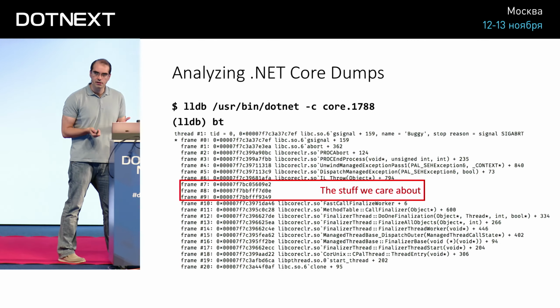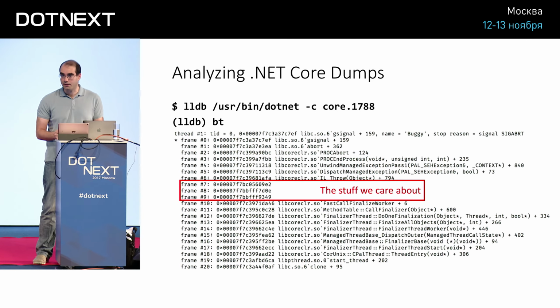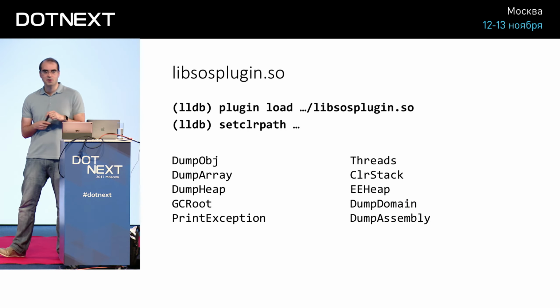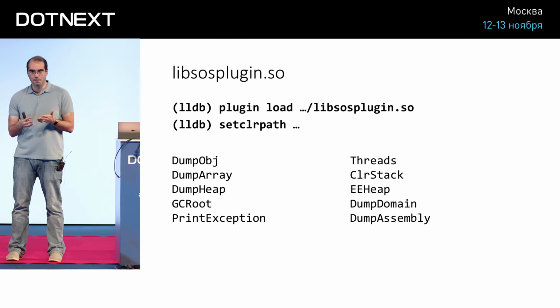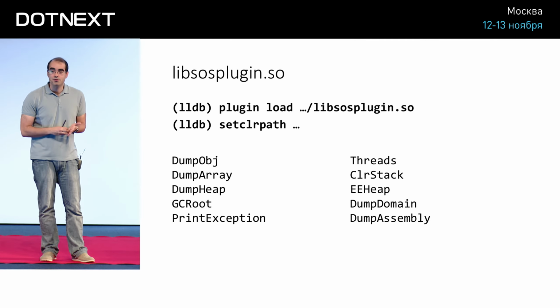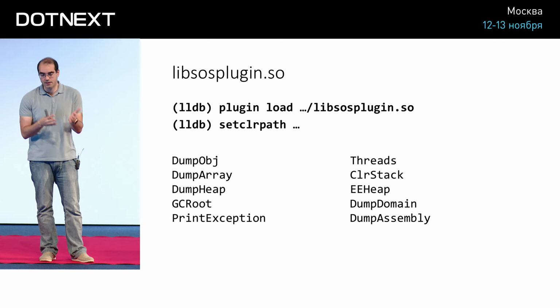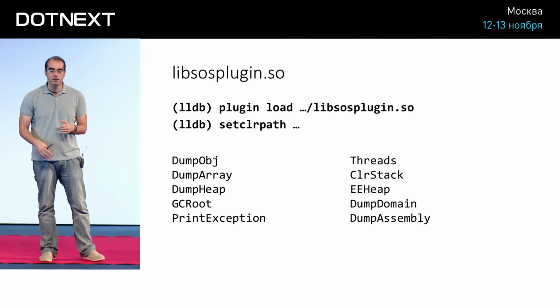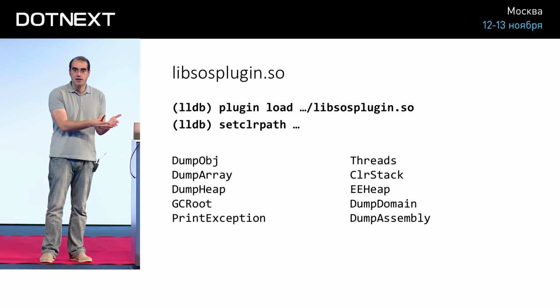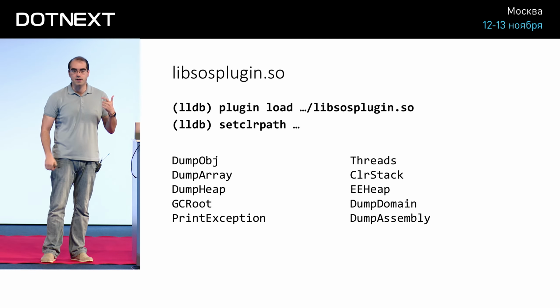So what to do? Microsoft provides a plugin for LLDB, an extension if you will, which is called the libSOS plugin. If you're familiar with the Windows side of this, on Windows we have WinDBG, which is a simple command line debugger. It actually has a UI, but it's mostly a command line debugger. And we have the SOS debugger extension, which is provided by the .NET installation.